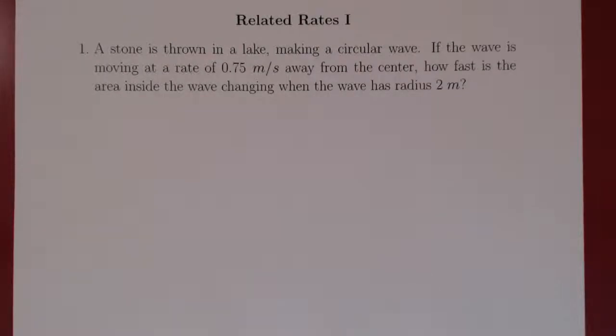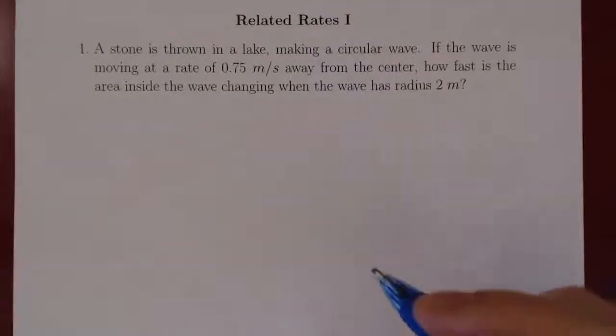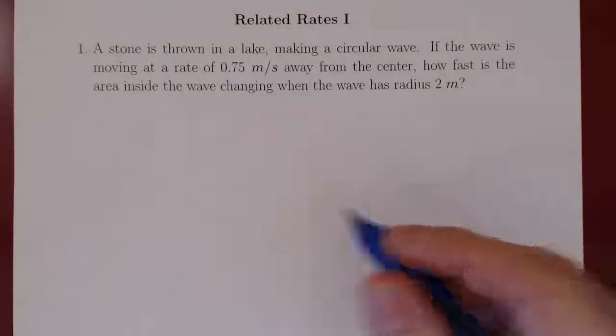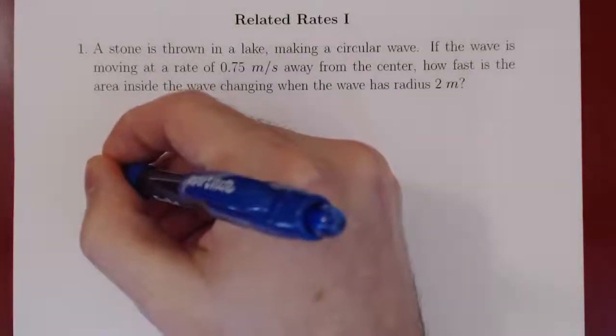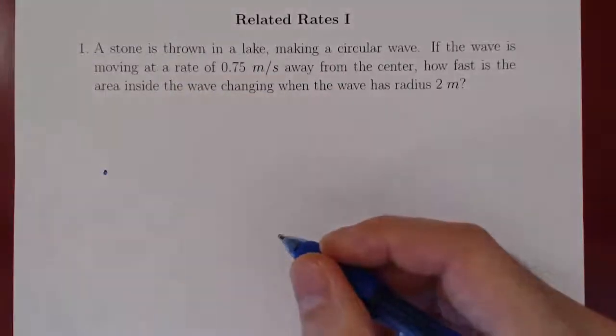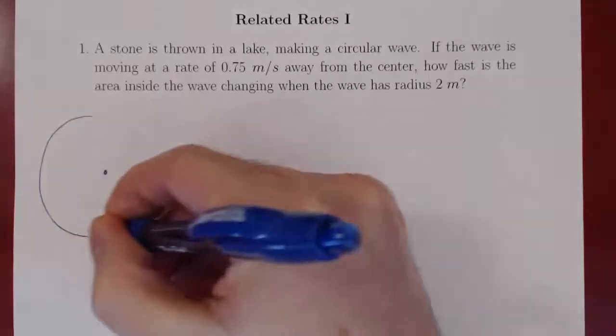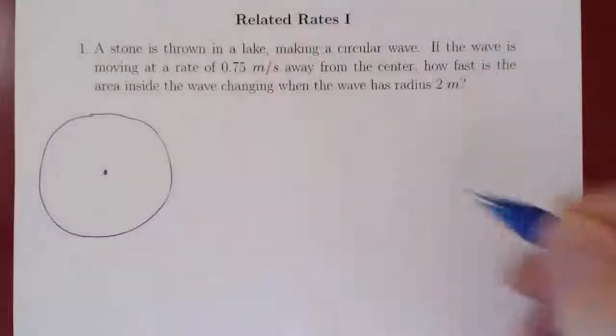So as always, the first step will be to visualize the situation. We're throwing a stone in the lake and it makes a circular wave. Imagine this point being the point at which you throw the stone, and it will make circular waves.